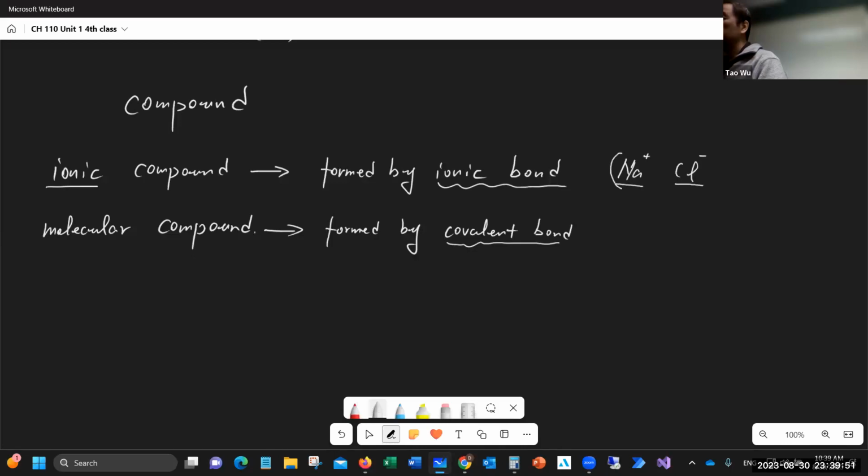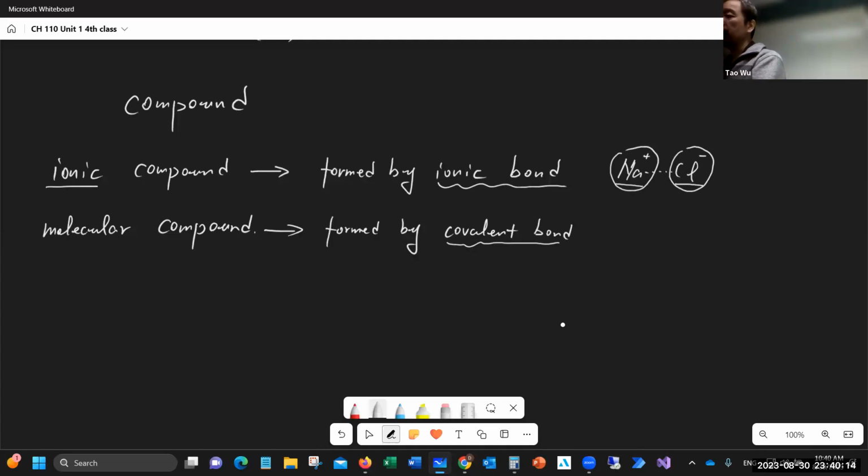The positive charge and the negative charge have an attraction. This is called the ionic attraction. The bond is based on the attraction between positive and negative charge, making an ionic bond.